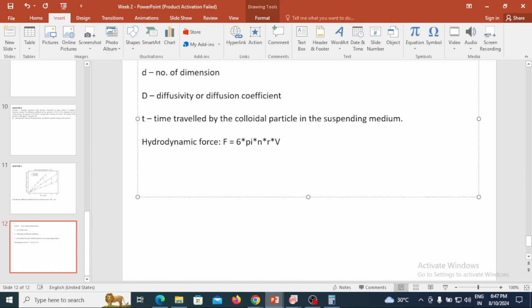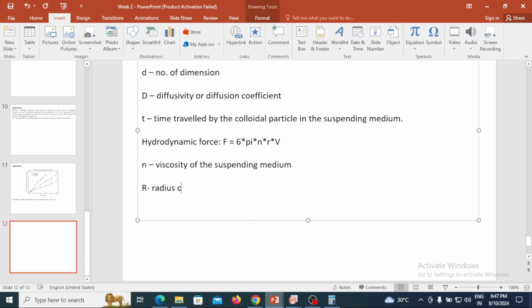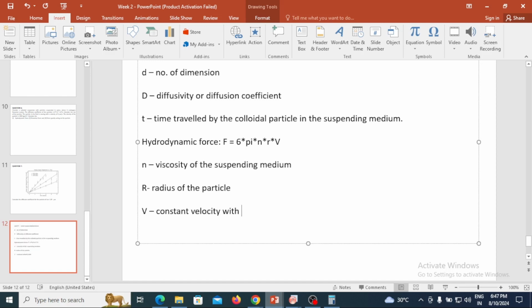Your eta is nothing but the viscosity of the suspending medium, and your r is nothing but the radius of the particle, and v is the constant velocity with which the particles in the medium are moving.